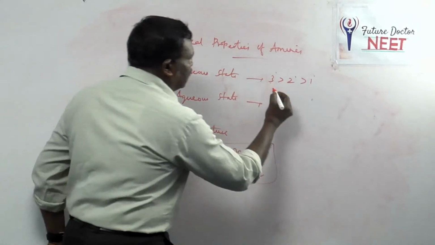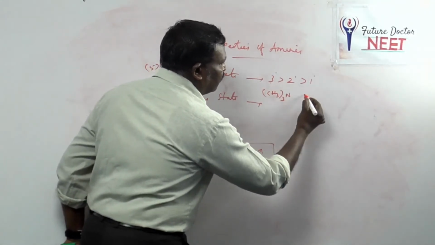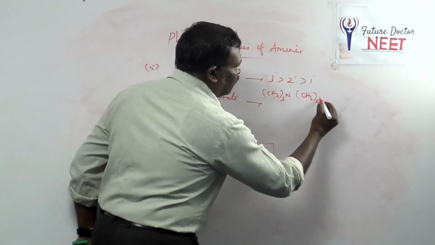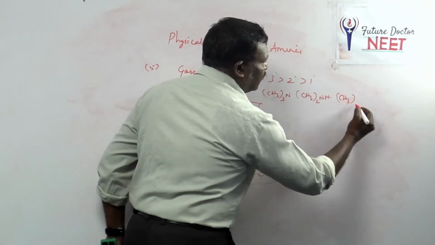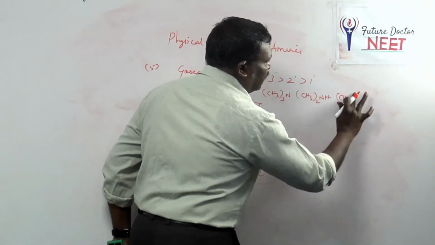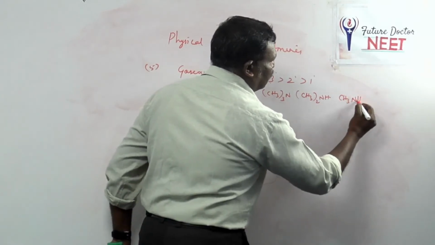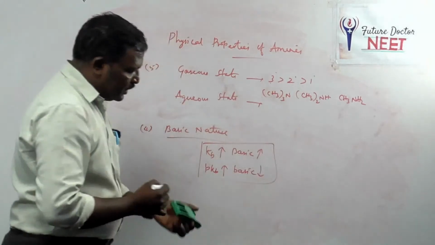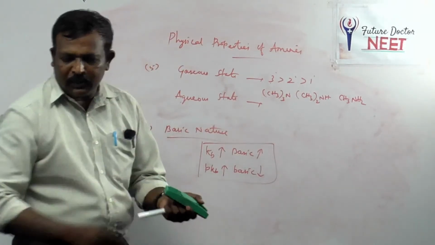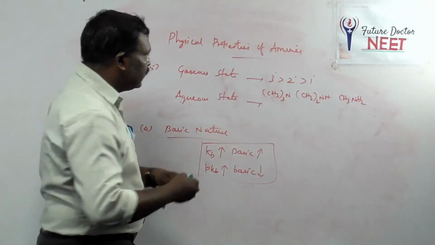So tertiary I am writing like this: (CH3)3N. Then secondary, (CH3)2NH. Correct or not? Then primary, CH3NH2. Understood? See here, in all of them the nitrogen has a lone pair of electrons.